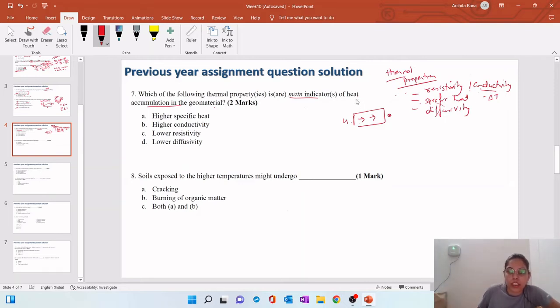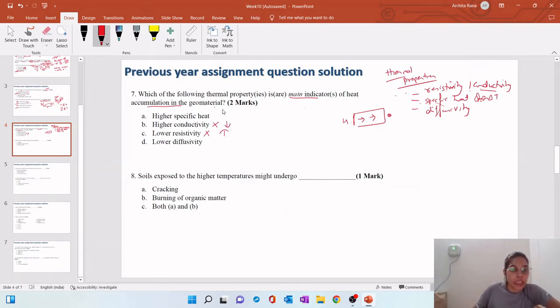So the specific heat depends on the mass and temperature, and of course there is a coefficient. For a geomaterial that can accumulate heat, its conductivity should be low. So high conductivity, no. And low resistivity, no. It should be high resistivity and low conductivity.